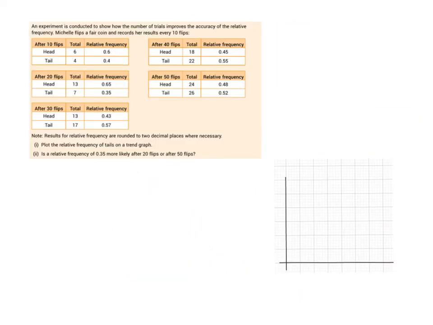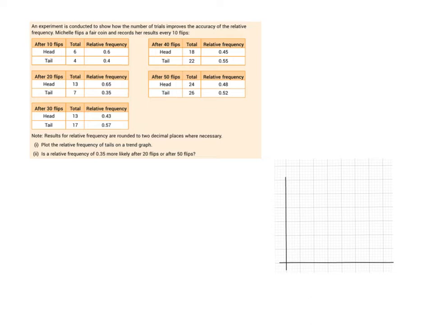Okay, so in this question, we're told that Michelle conducts an experiment to show how increasing the number of trials improves the accuracy of the relative frequency. So just like we said in the previous slide, as we conduct more trials, the relative frequency improves. Okay, and so she wants to show this in this question.